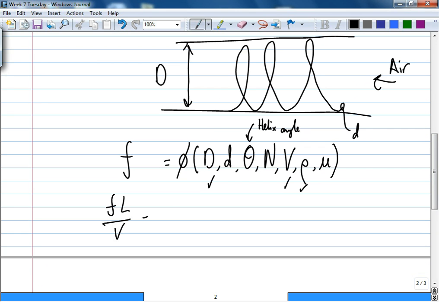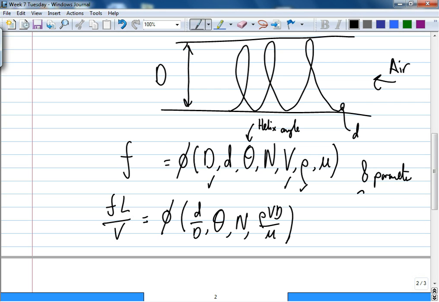It's a function of small d over big D as one parameter, theta, and rho V D over mu. Anything else? 1, 2, 3, 4, 5. So we expect 5 terms. We started off with 1, 2, 3, 4, 5, 6, 7, 8 parameters.